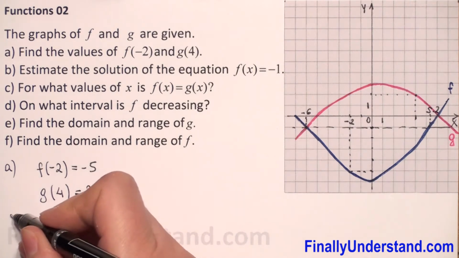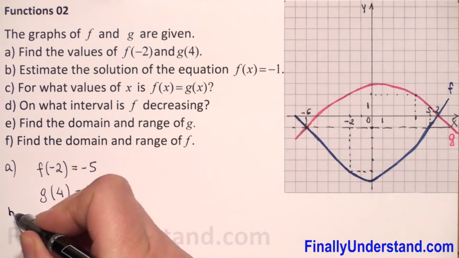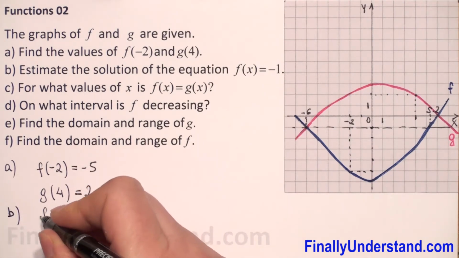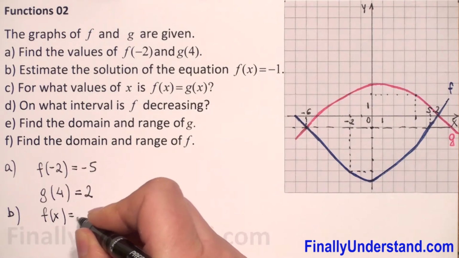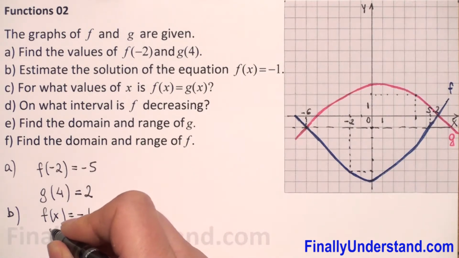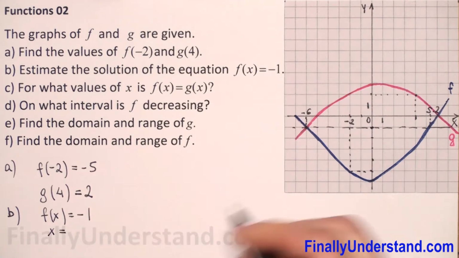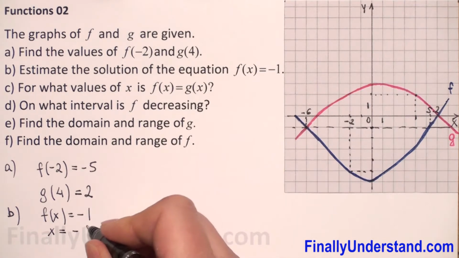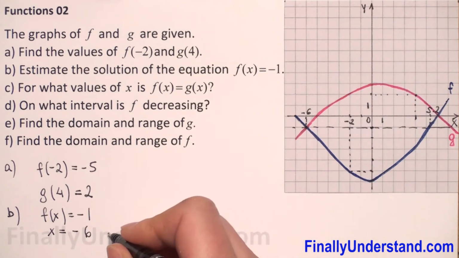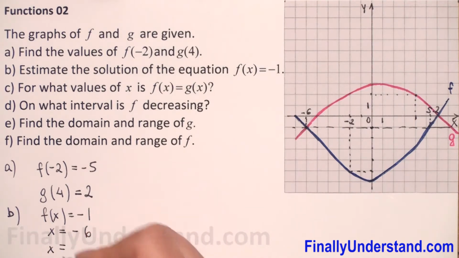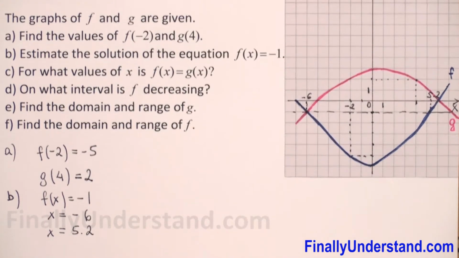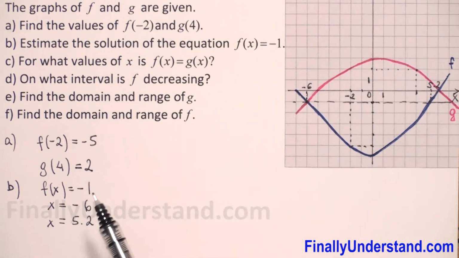So we have the solution for the B question. f of x is equal to negative 1 for x equals negative 6 and x equals 5.2. So we have the solution for the second question.